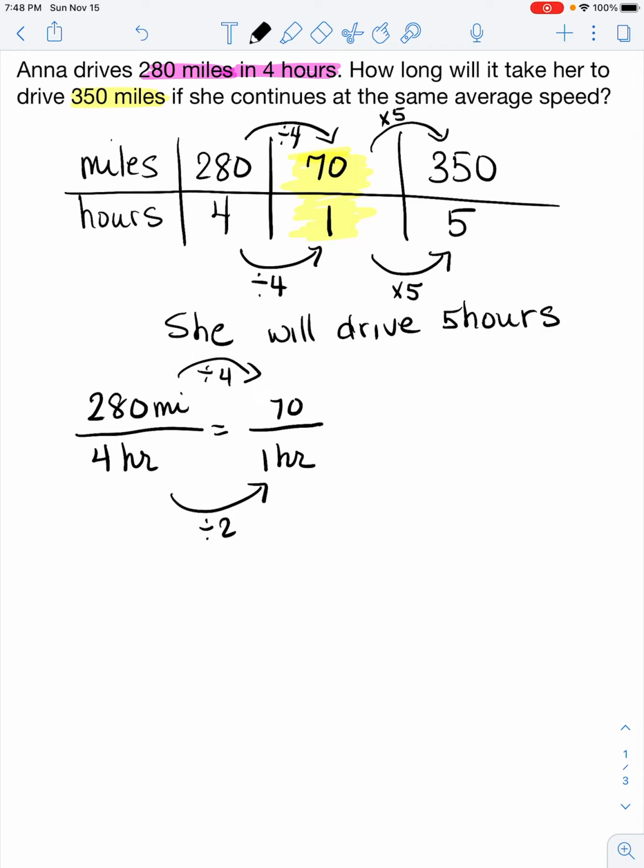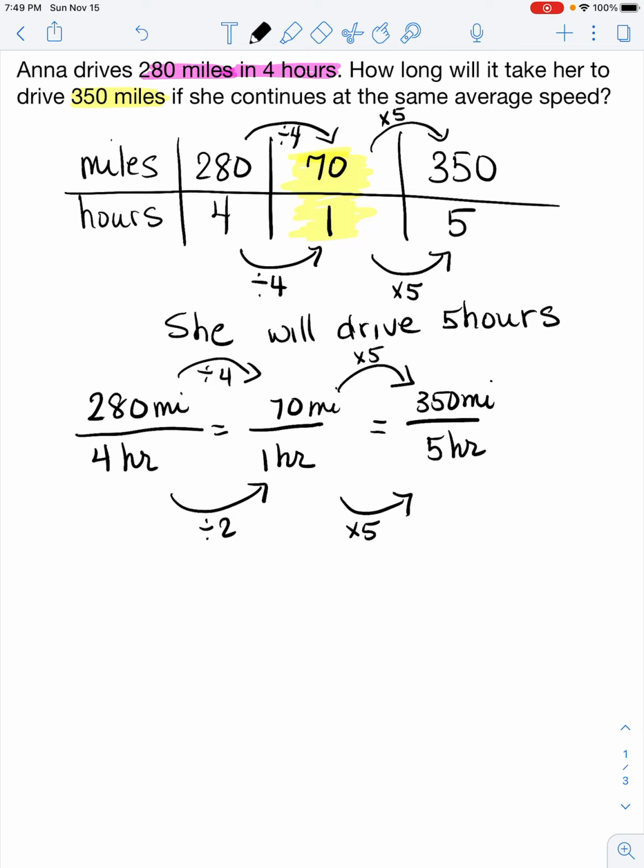So it's going to look pretty much the same, right? And the way that I like to think about it, and this is why I like to do a horizontal ratio table, we have 350 miles. Okay, and again, this is times 5. So times 5 would be 5 hours.